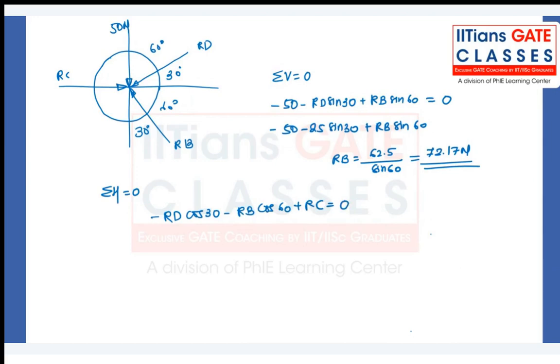RD is 25, minus 25 into cos 30 is 0.866, minus RB, we just calculated 72.17, into 0.866, plus RC equal to 0. So from this you can calculate RC, which is 57.735 Newton.